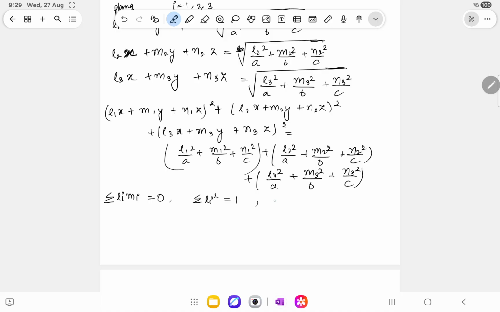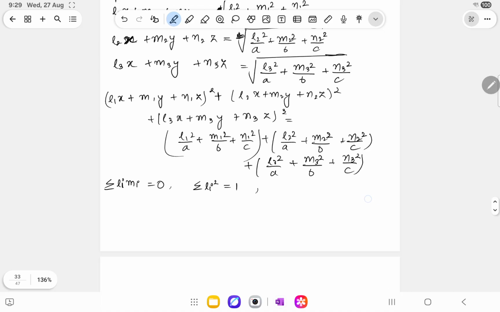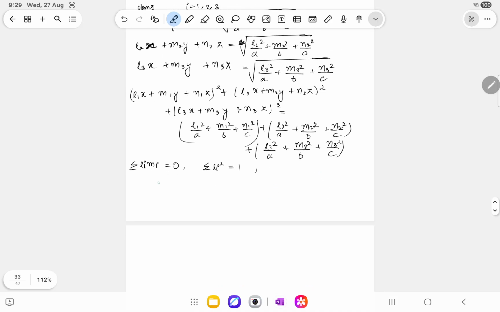So if I use this relation here and open the whole square, I'll get x square into l1 square plus l2 square plus l3 square.